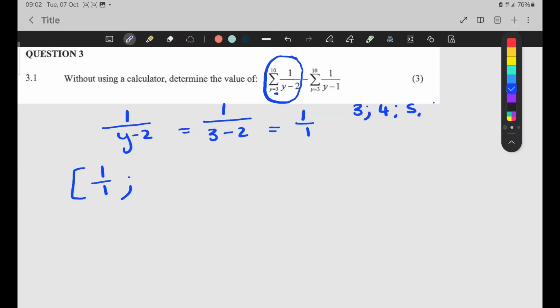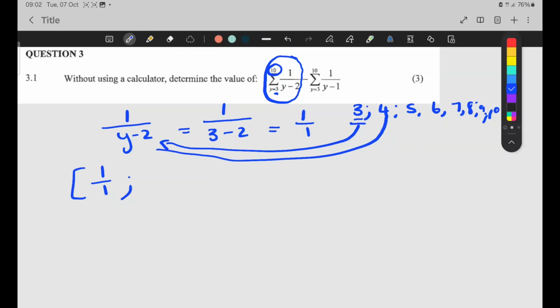Then I'm going to sub 5, 6, 7, 8, 9, until I get to 10, because 10 is on top here. So if I sub 3 into this, I get 1 over 1. If I sub 4 into this, I get 1 over 2. If I sub 5 into this, I get 1 over 3.